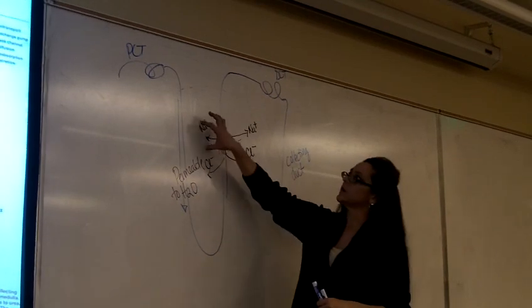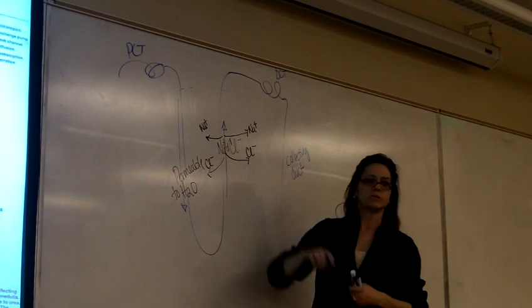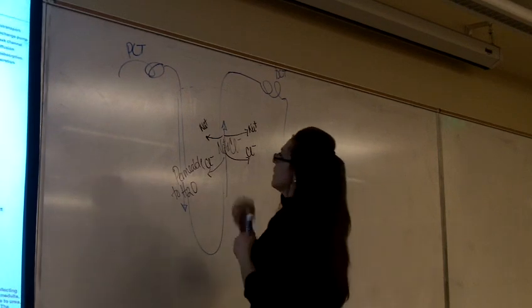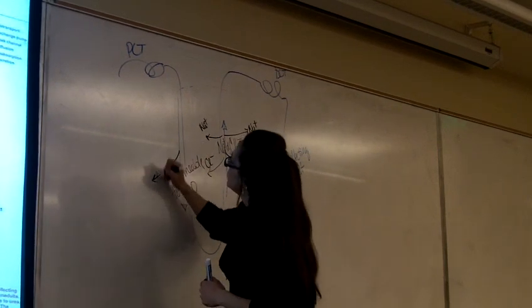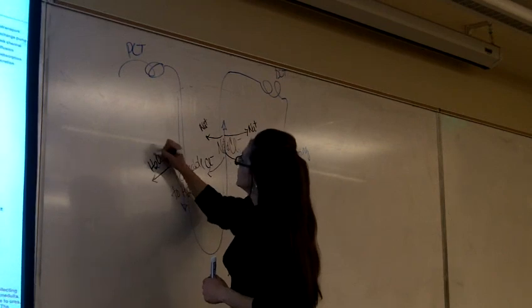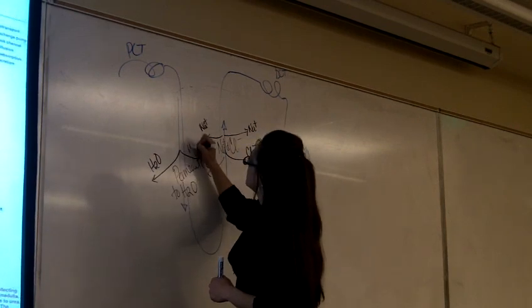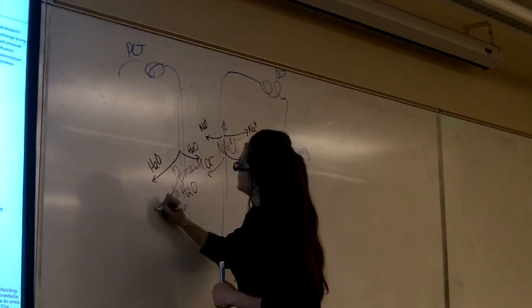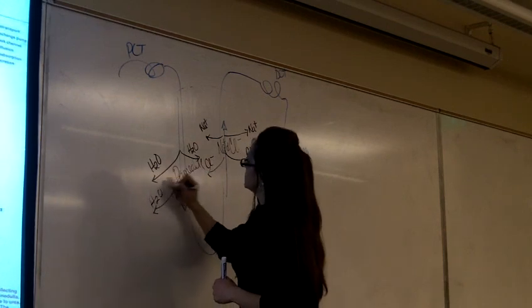And the fact that there's a lot of stuff out here is going to cause water to get reabsorbed, or leave that filtrate. So that's going to help water get reabsorbed here.